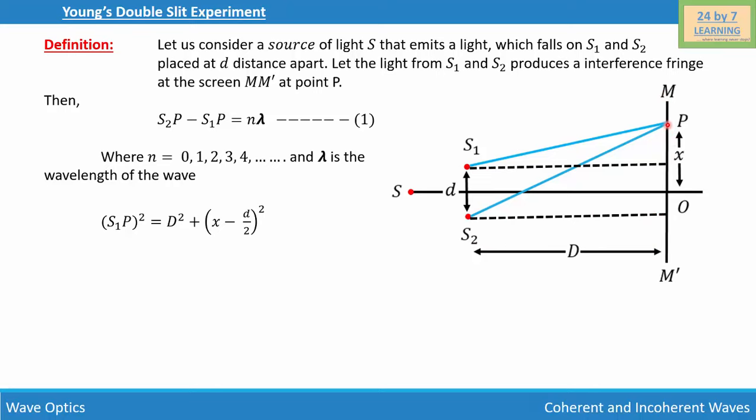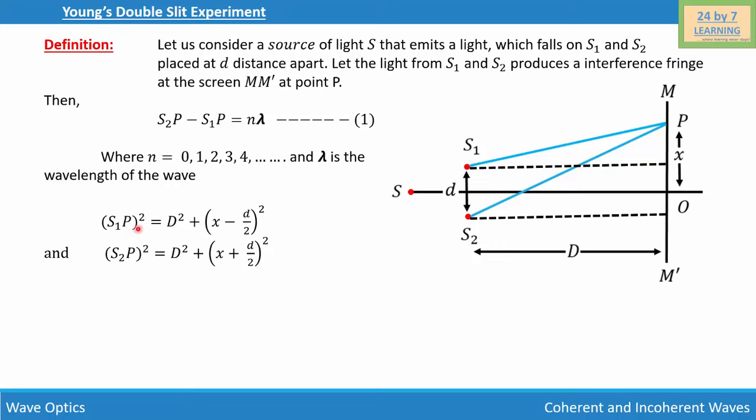This distance from P to O is x, and this distance is d over 2. So this whole distance is x plus d over 2. So S2P square is equal to capital D square plus x plus d over 2 whole square.